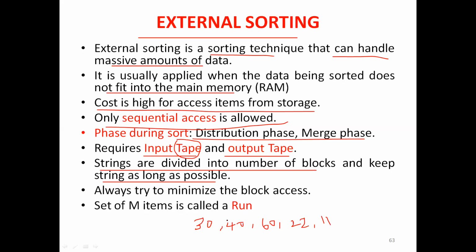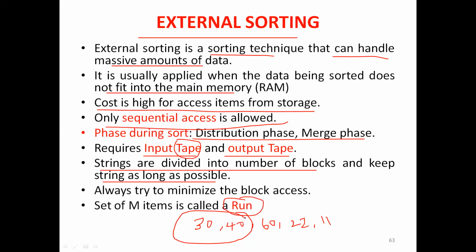These are the elements, or we can say records. 30 is one record, 40 is one record, 60 is one record, so here 5 records. A set of items is called a string. I have 2 items in a set, that is called a string, and again those sets of items are called a run.